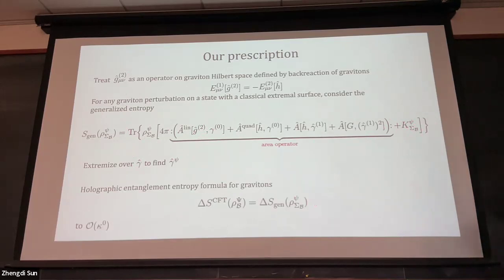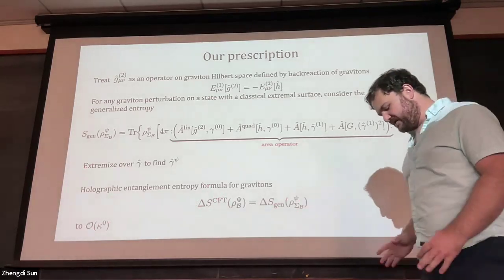And my claim is that if you do that, then the following formula holds for any state in the perturbative graviton Hilbert space: the entanglement entropy difference between any excited state and the vacuum is equal to the generalized entropy difference in the bulk. And I think this is only true to order kappa to the 0. I don't have anything to say about higher orders.